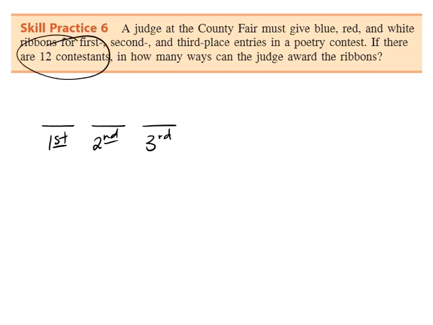Of those contestants, how many of them can get first place? There are no ties. It's all or nothing. They win or they don't. So 12 choices. Once there's a first place chosen, there are 11 choices for second place and only 10 choices for third place. If I multiply this out, I get 1,320.